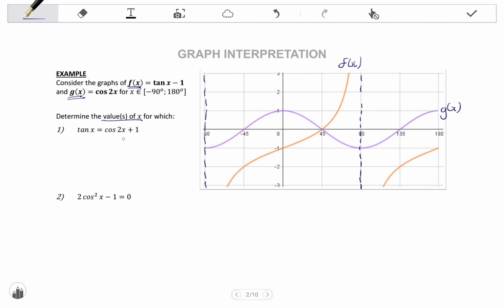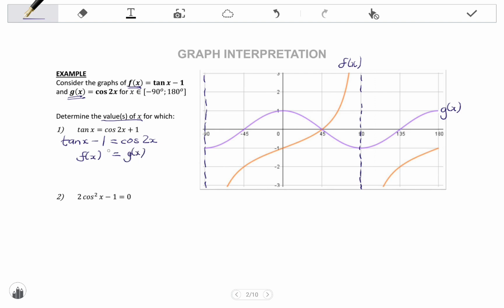So if we look carefully, f of x had tan x minus 1. So what I have on the left-hand side here is tan x, and if I were to subtract this 1 and bring it to the other side, I would end up with tan x minus 1 equals cos 2x. So this tan x minus 1 is clearly now f of x, and the cos 2x is g of x.